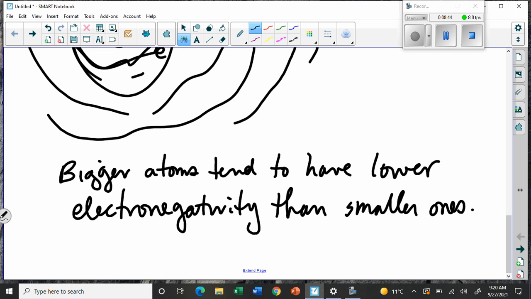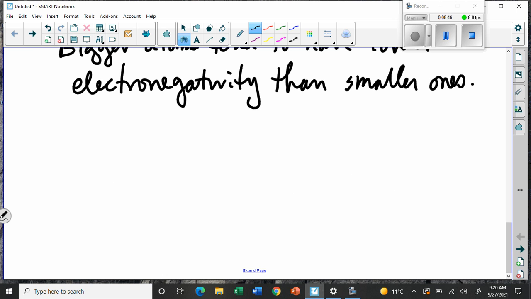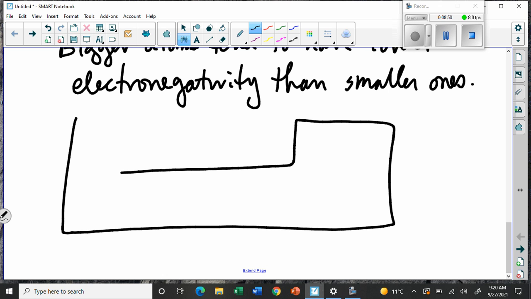Okay, so what that means, if we look at the periodic table, I'll just do a rough sketch of the periodic table here. There it is, with all the atoms in it. Obviously, the more electrons you have, the bigger your atom will be. And so if you go down the periodic table towards the bottom, you've got very, very large atoms.